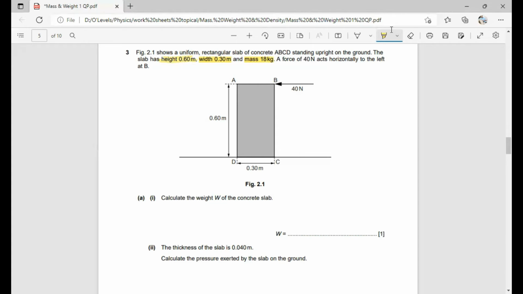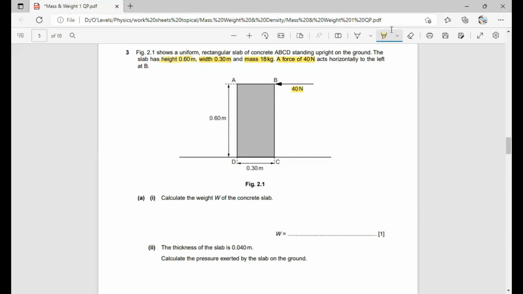A force of 40 Newton acts horizontally to the left. That means it is exactly tilting downwards. So first of all, calculate the weight of the concrete slab.